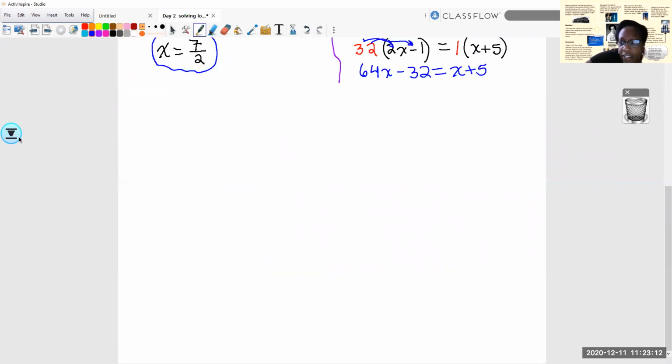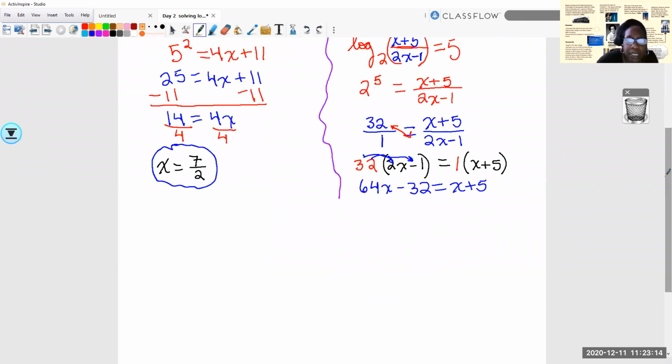Yeah, okay, almost done. Let's see what we do. It's linear. So we could subtract x on both sides. We get 63x minus 32 equals 5.